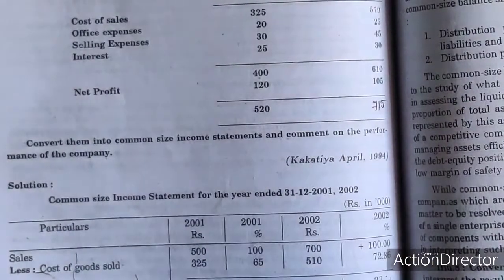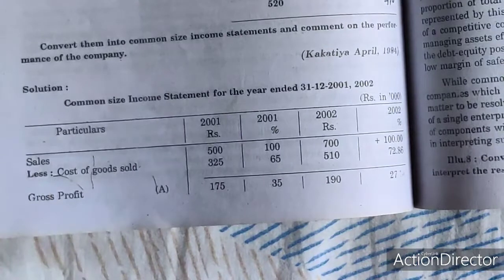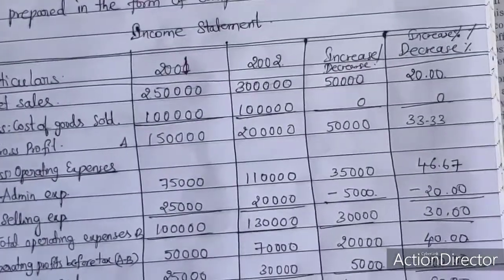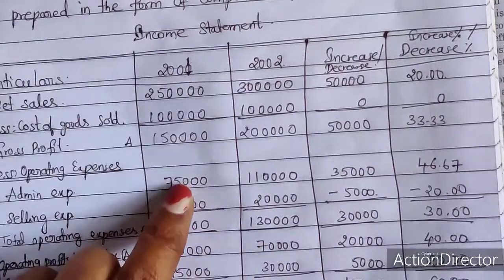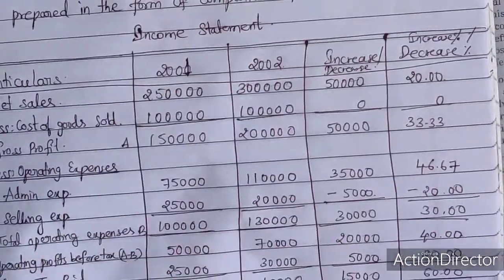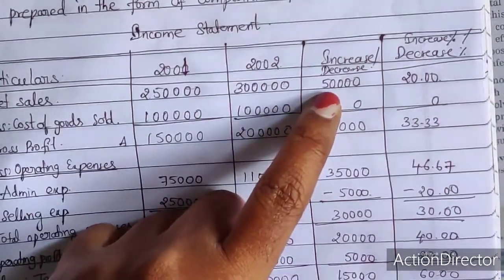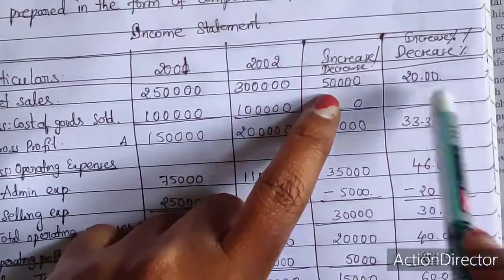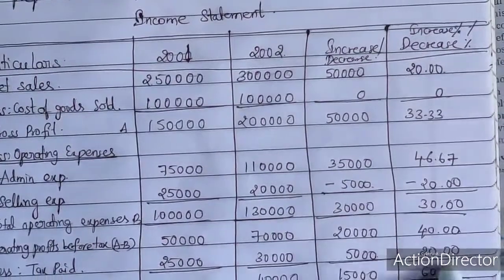So in the comparative statement, we have taken 2 years of information, 2001 and 2002. So there we find what is the increment amount and what is the decrement amount, and what is the increment percentage and what is the decrement percentage.